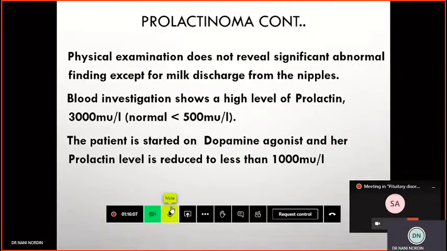Okay, so compression of the pituitary stalk or pituitary stalk damage can occur in trauma. It can occur in infection. Others are drugs. There's a lot of drugs which are dopamine antagonists. So any drugs which block your dopamine can actually cause an increase in prolactin.